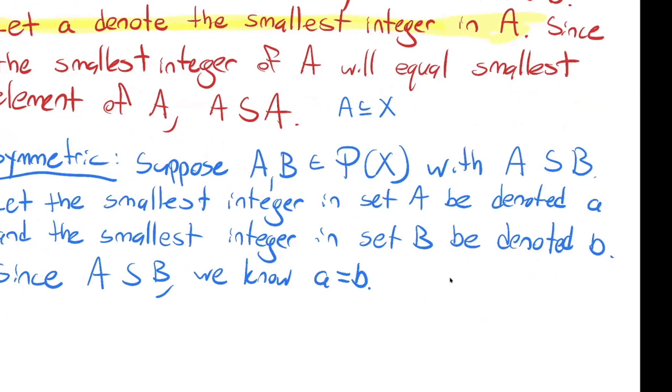And since those two sets are related to each other, we know that their smallest elements are equal to each other.